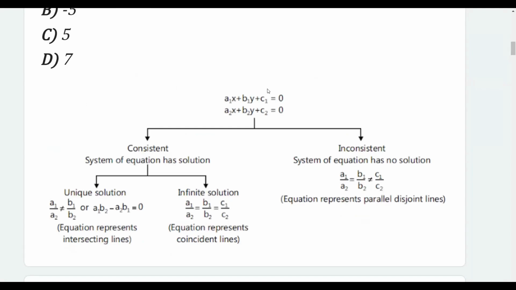A system of linear equations is consistent when it has a solution, either a unique solution or infinitely many solutions, and inconsistent when it has no solution. For no solution, the condition is a1 upon a2 equals b1 upon b2, not equal to c1 upon c2.